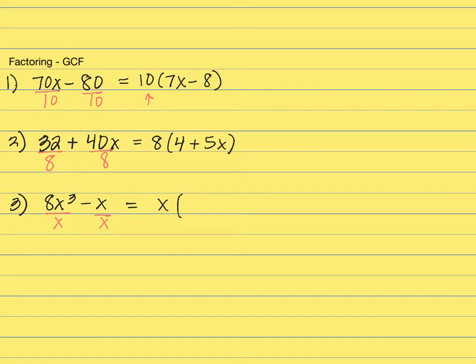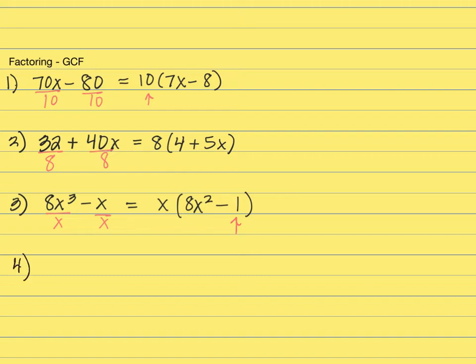If we divide that out, we get 8x squared minus 1. So be real careful about the 1 right there. A lot of people tend to not want to put that. I don't know why they think maybe it is 0 or something, but it's not. So you do keep everything there. So x over x would be 1.